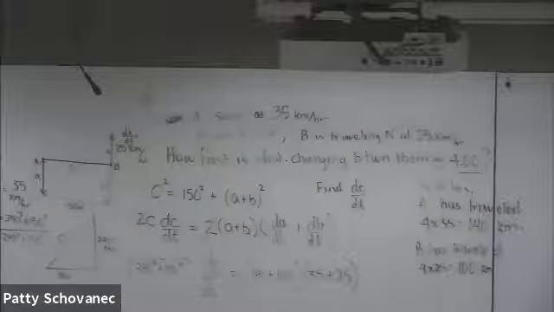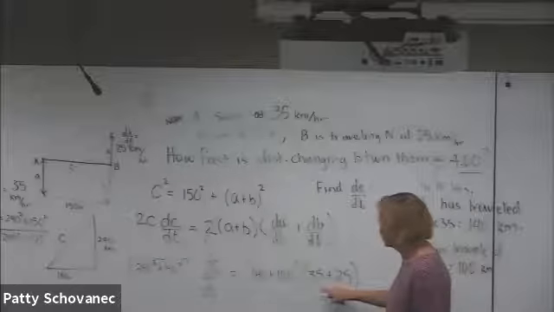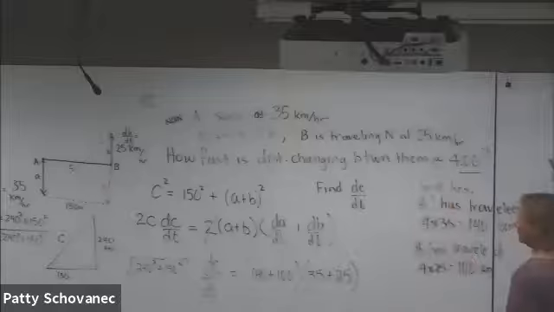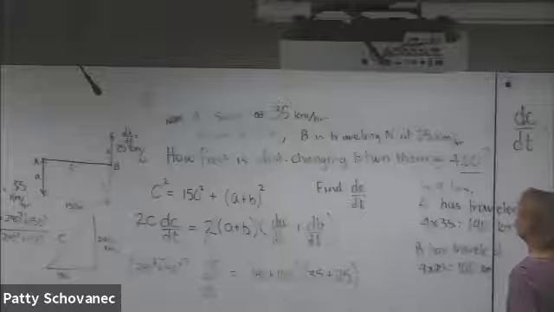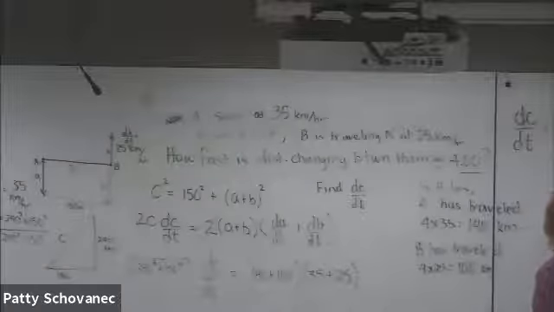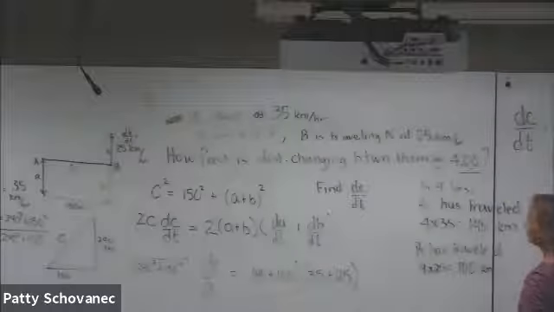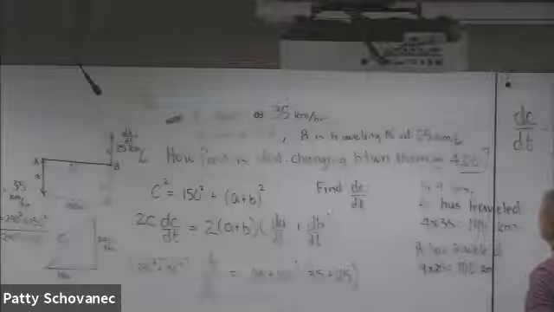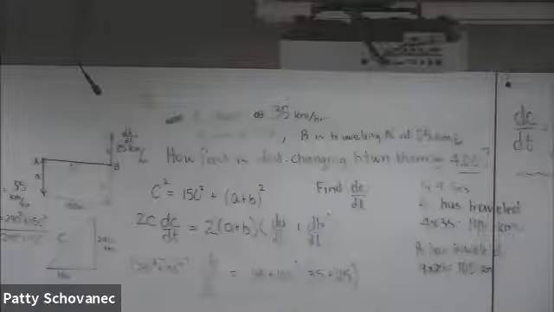I can do the arithmetic on the right side up to a point. This is 240, 30, 40, 50, this is 60. So dC/dt is going to be that 240 times 60, and then I'm going to divide by that number in front of the dC/dt, 240 squared plus 150 squared under the square root sign. And that'll be kilometers per hour.